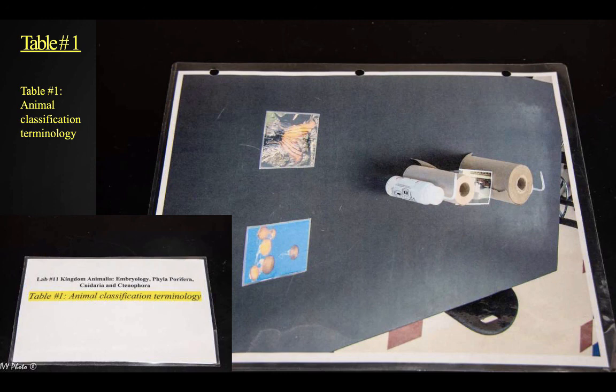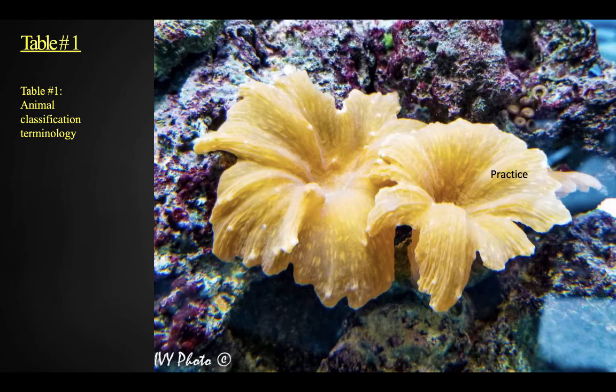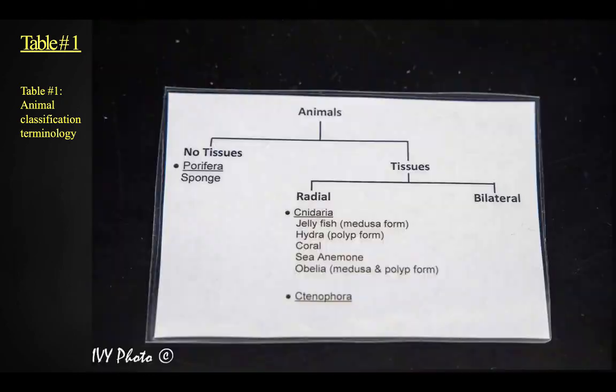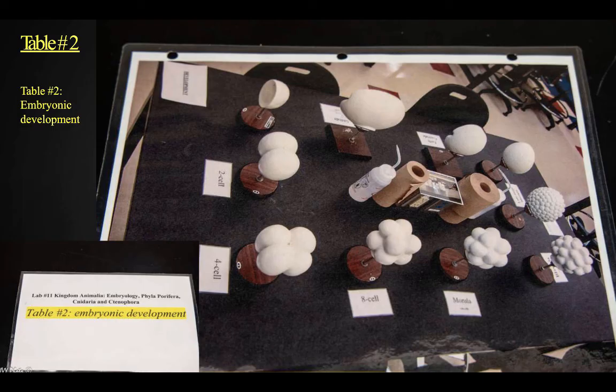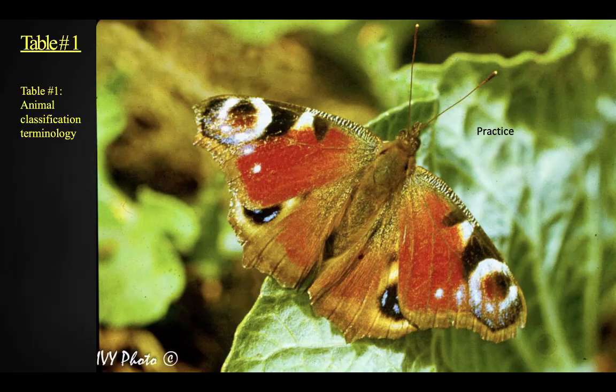You're going to use the chart provided on the table to label the body symmetry of the animals below and specify how many germ layers each has. There's not a table here.